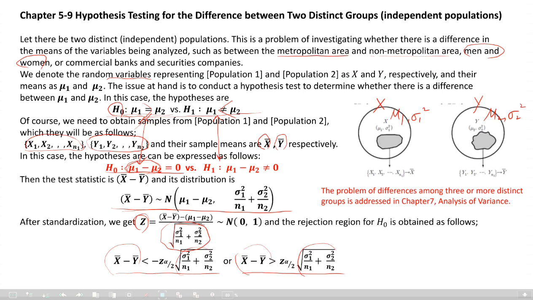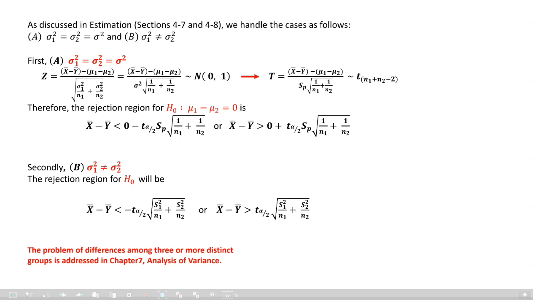But now, a little difficult thing is we have to estimate sigma square. There are two cases: sigma 1 square equal to sigma 2 square, and the variances are different, as discussed in estimation sections 4.7 and 4.8.